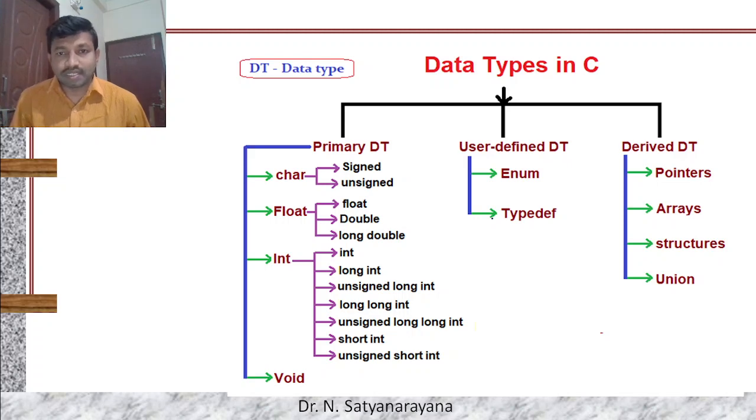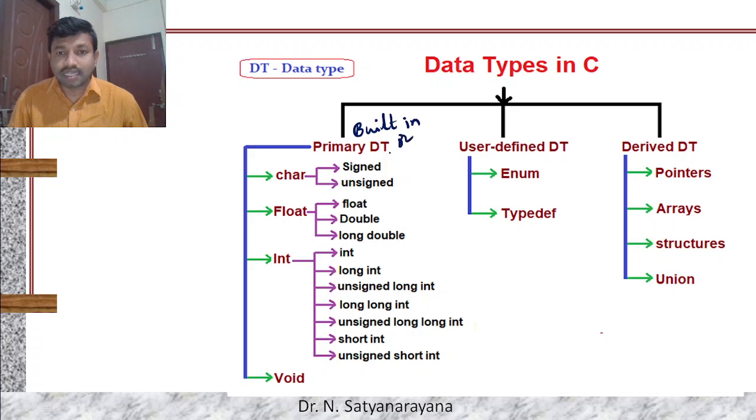So let us look at the available data types in C language. In fact, the chart given here lists all the data types supported. Initially we will be focusing on primary data types, or built-in data types.